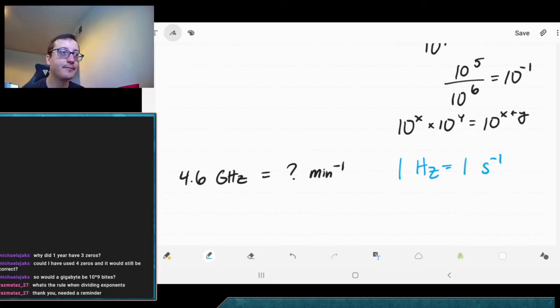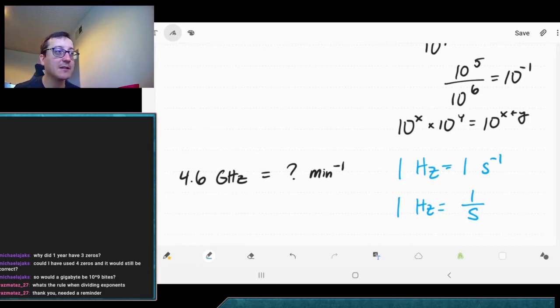Another way of saying this, though, is 1 over second. So remember, a negative exponent just means 1 over that number. Let's see if we can't work with this. So I'm asking it for minutes to the negative 1 power.